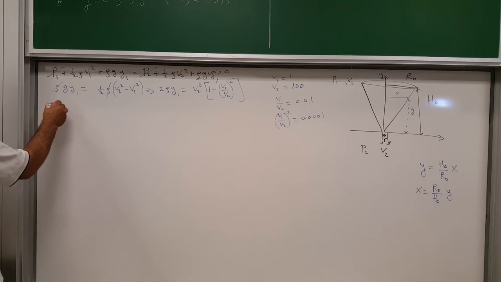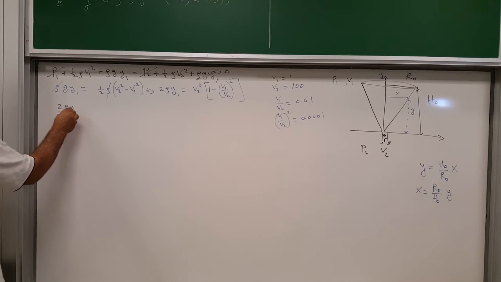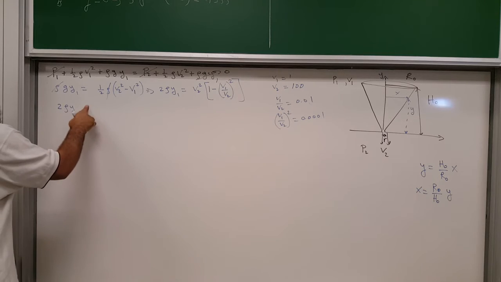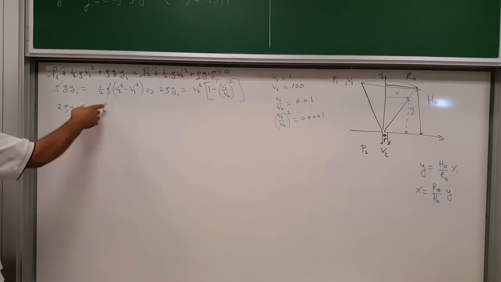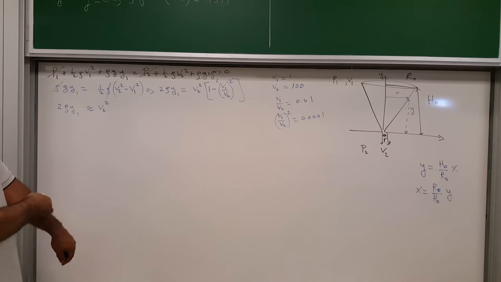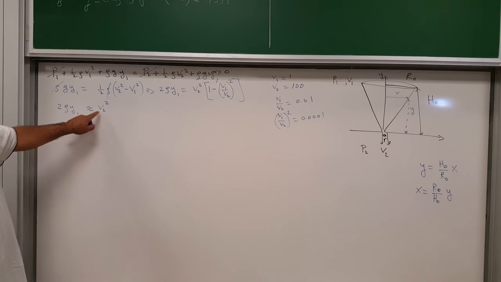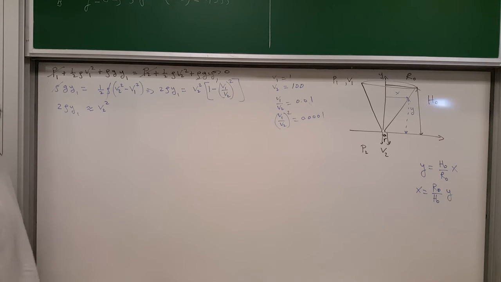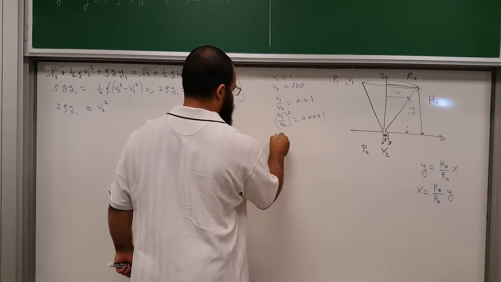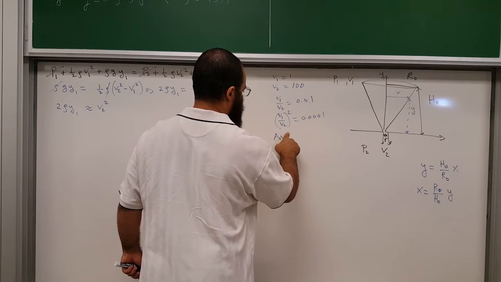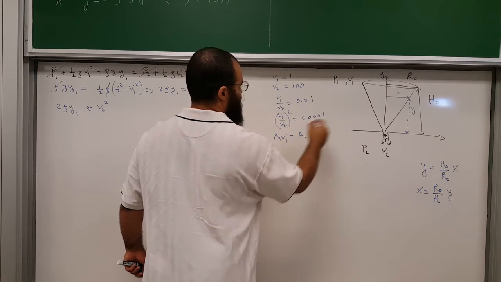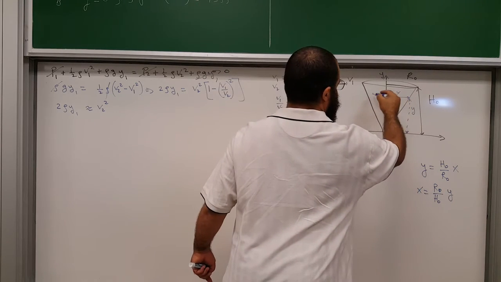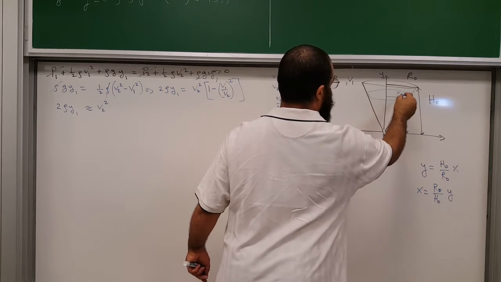So now we get 2 rho y1 approximately equals V2 squared. Now I'm going to get what V2 is in terms of V1. The continuity equation says area 1 times V1 will equal area 2 times V2. Area 1, the cross-sectional area here, will be pi x squared.